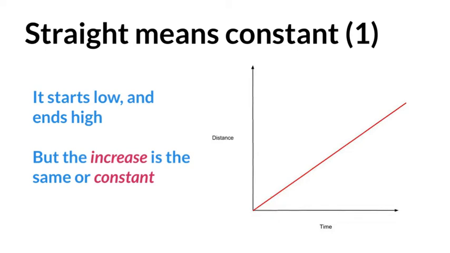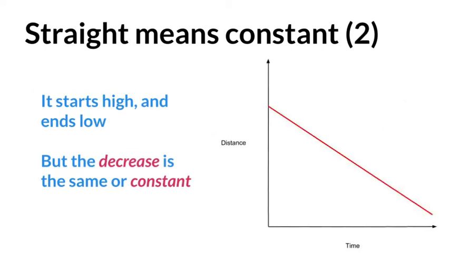So if it can go up, then it can also go down. And this time we've got it decreasing at a constant pace, or it's decreasing at the same all the way down. It doesn't change at all. In this case it starts high and comes to low.